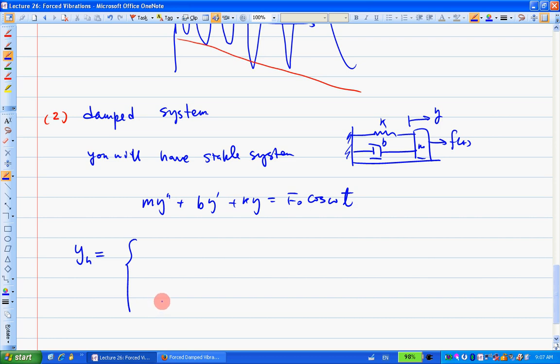In the free vibration lecture, I think I derived the YH, but I didn't use the MBK. I used a different set of parameters, which is zeta and omega n. Remember that, right? So I'm going to rewrite that using zeta and omega n.